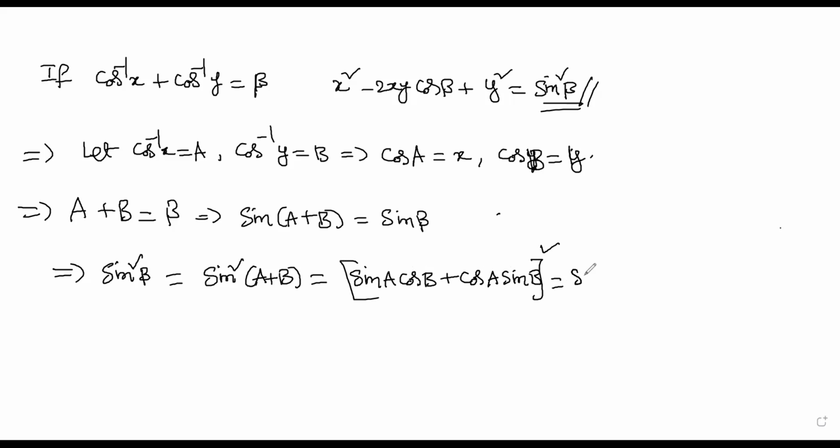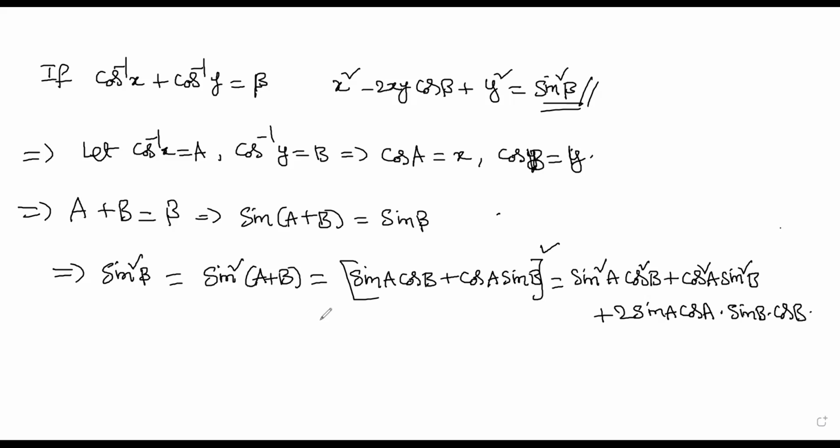So what I get is sine square A cos square B plus cos square A sine square B plus 2 sin A cos A into sin B cos B. Right? Okay.